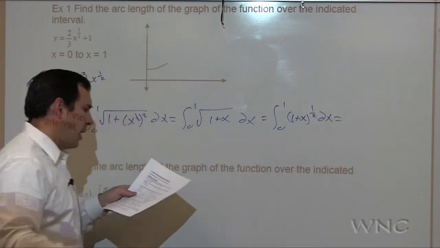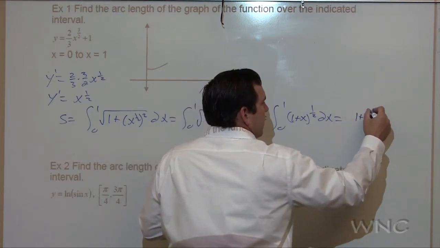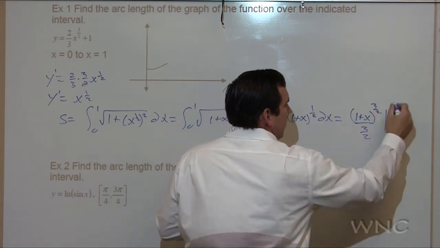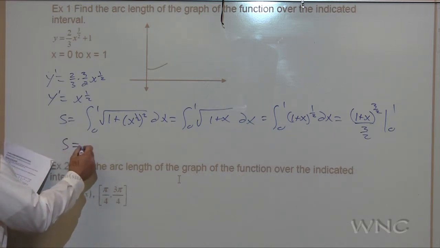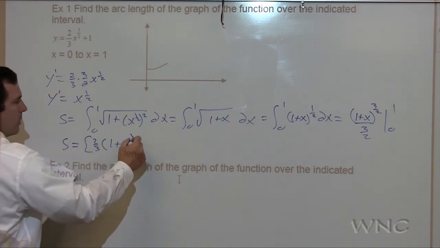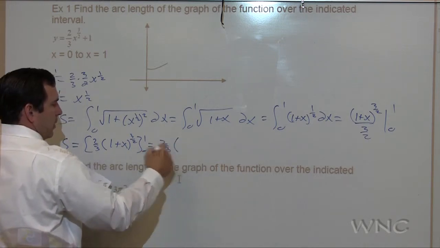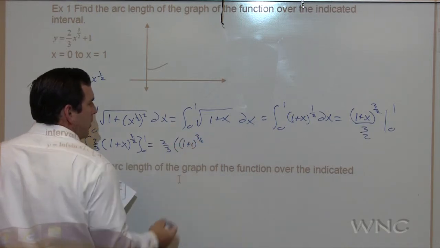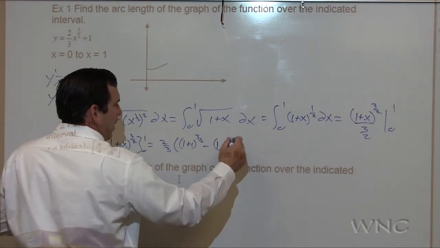So the antiderivative of that is going to be 1 plus x to the 3/2 divided by 3/2 from 0 to 1. So that s will be equal to 2/3 times the quantity 1 plus x to the 3/2 from 0 to 1, which is 2/3 times 1 plus 1 to the 3/2 minus 1 plus 0 to the 3/2.